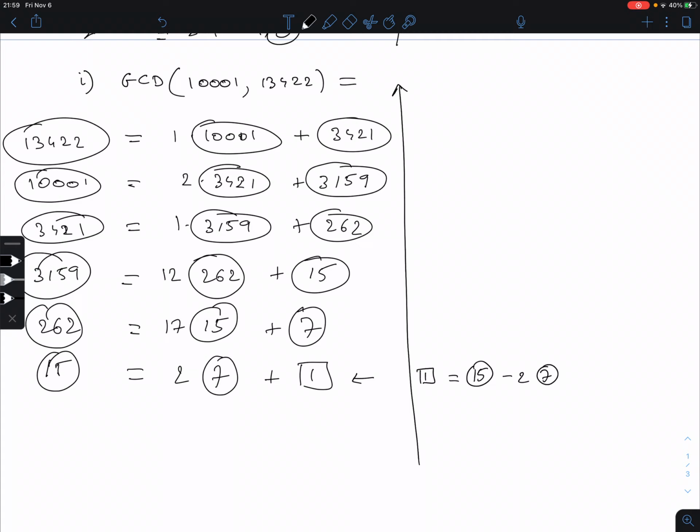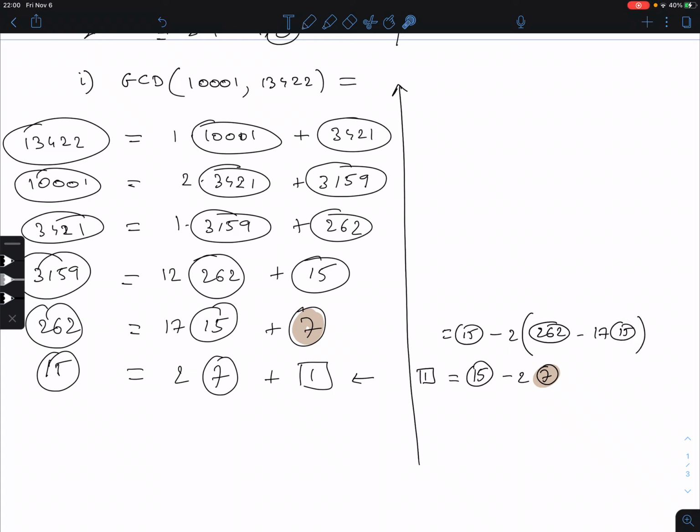I'll do a little bit with colors now. This color replaces that, by bringing this to the other side. So this is 15 circled minus 2 times, and that, brought to the other side, is 262 circled minus 17 times 15 circled.